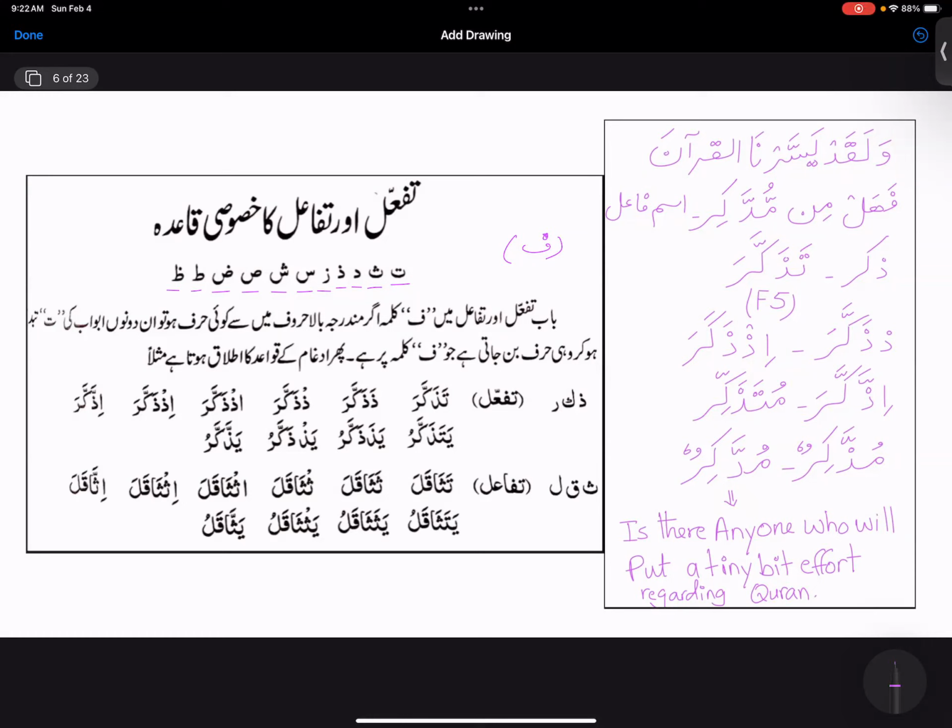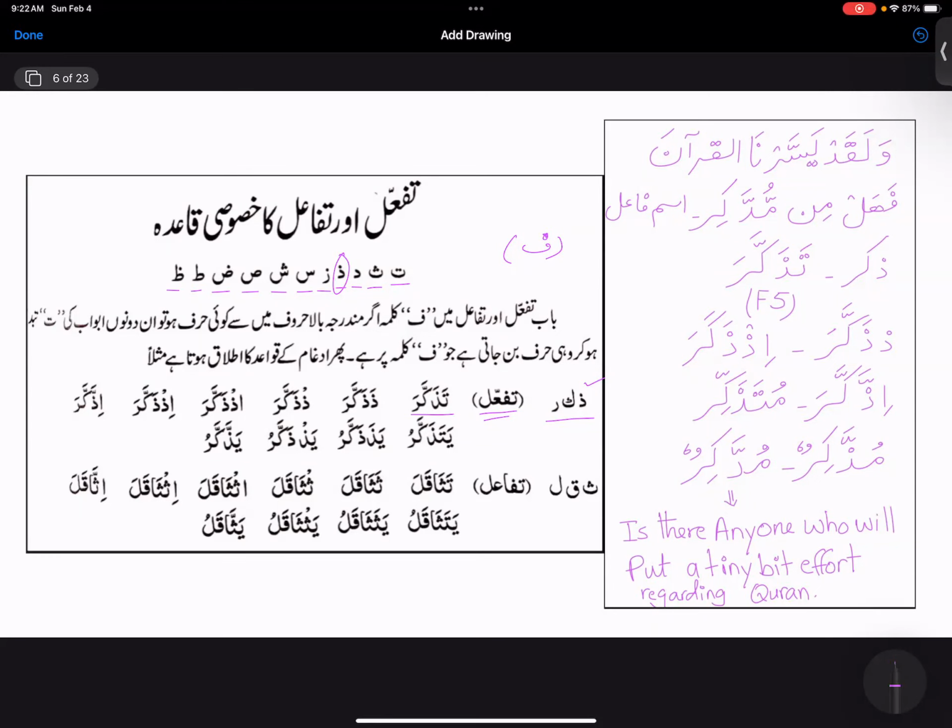What's going to happen? Look at the example. Dhakara. What is the first root letter? Dhal. Dhal is one of them, right? So now when we bring this to family 5 or family 6, we are going to put it in the pattern of tafa'ala. So it will become tadhakkara. Tadhakkara, right?